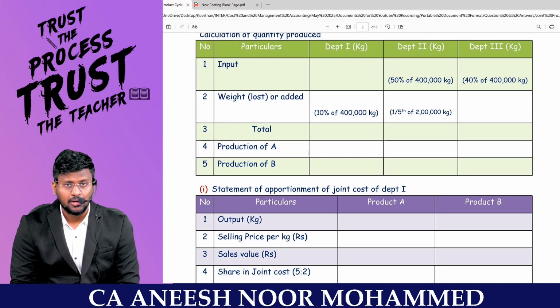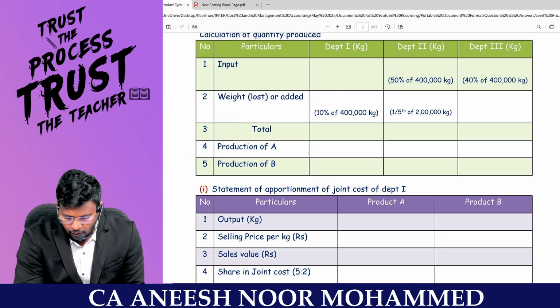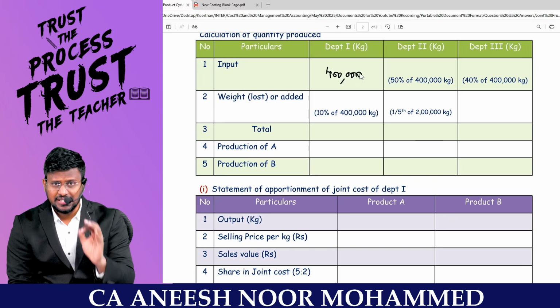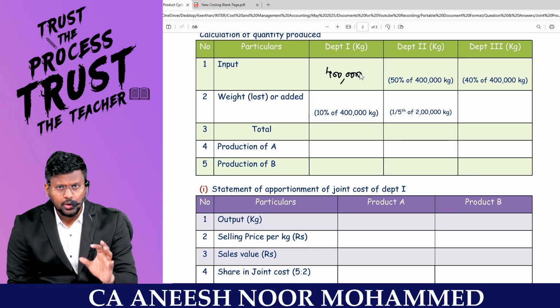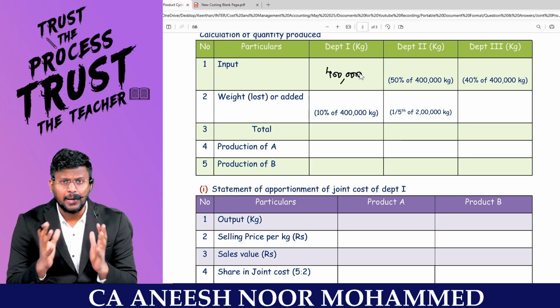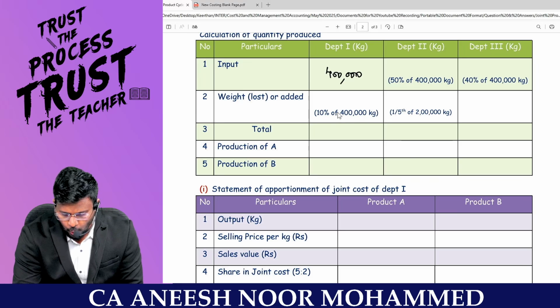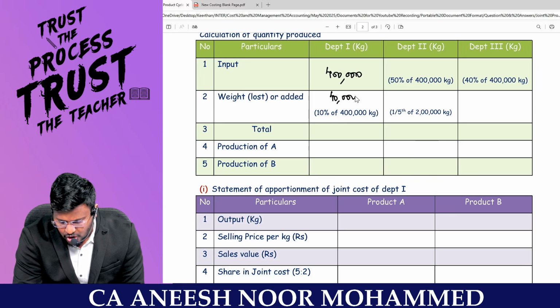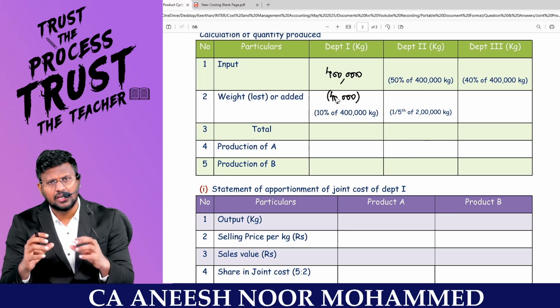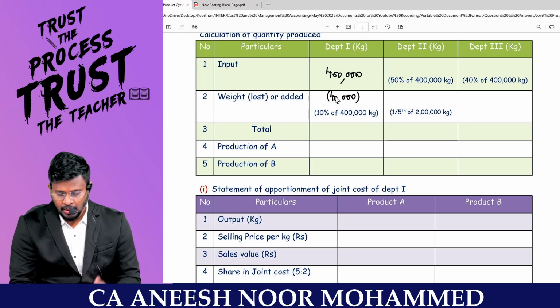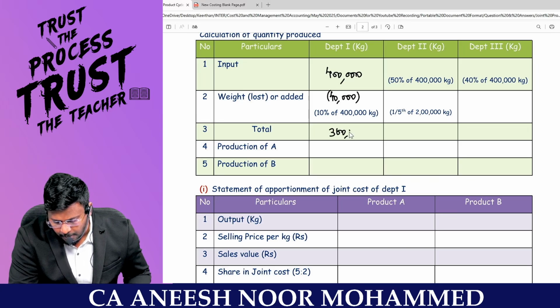For example, in department 1, 4 lakh kg has been introduced, which is there in the question. Out of that 4 lakh kg, 10 percent is normal loss. So 4 lakh into 10 percent comes to 40,000 kg we will lose in department number 1. So the balance will only be 3,60,000 kg.